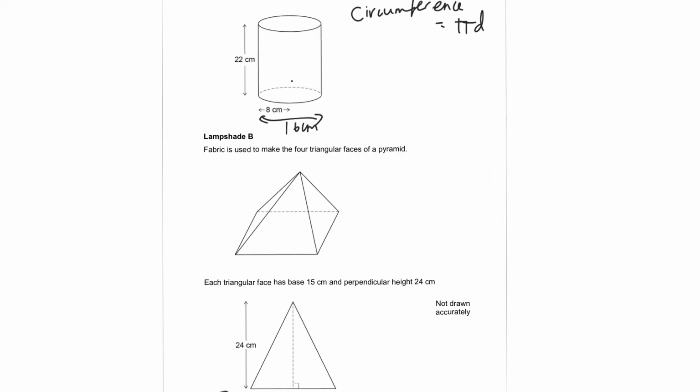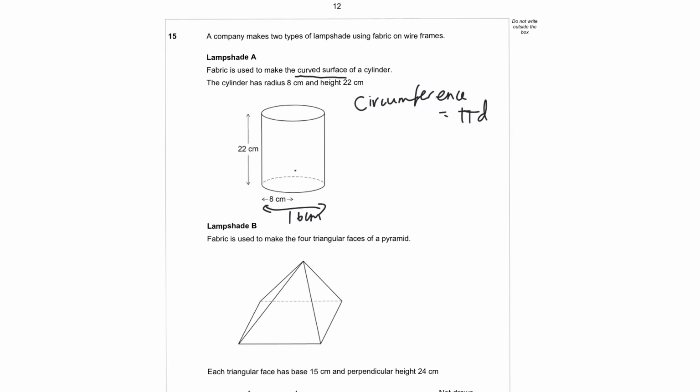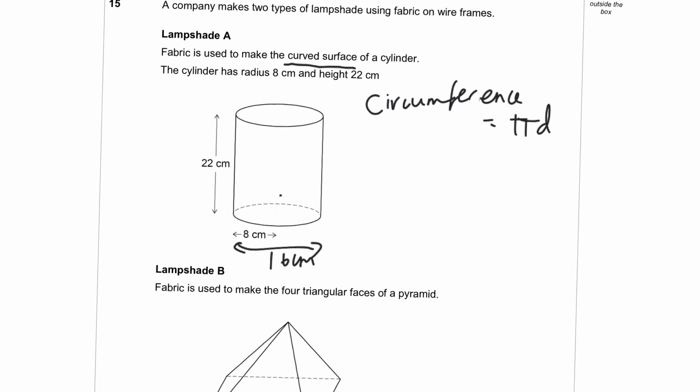So you have two options in terms of working this out. We can either work out the surface area of this cylinder in meters, so convert all the measurements in centimeters to meters, which would be 0.16 meters and then 0.22 meters. Then do your working out, or you can work it out in centimeters and divide it all by 100 squared.